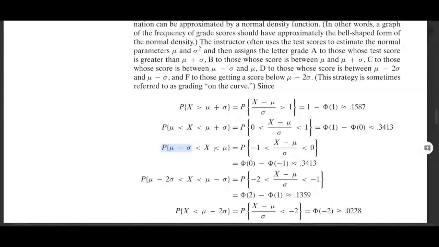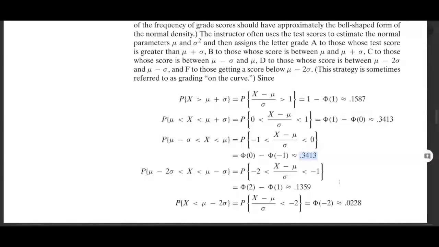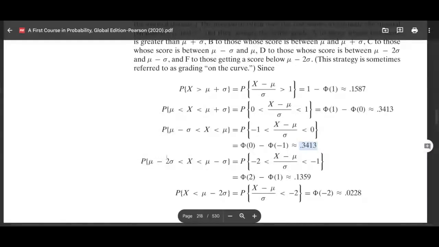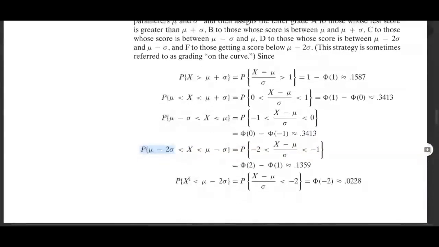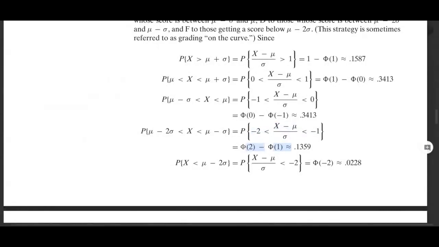Mu minus sigma to mu, same thing, about 34%. You know, the bell shape is very symmetric. The bell shape is totally symmetric with mu in the middle. And the probability between mu minus 2 sigma and mu minus sigma, convert into z-score, check the values in the table. So that's about 13.6%.